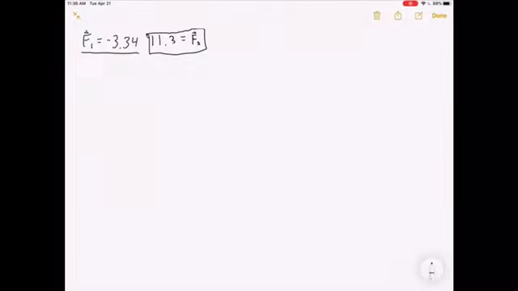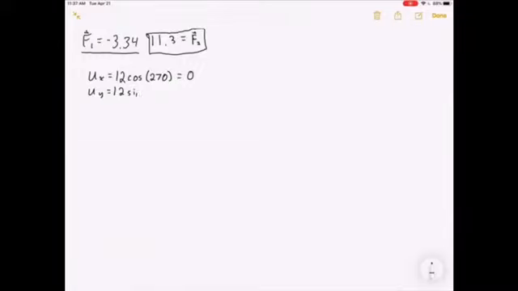So I used Ux, our original, we already had that in the first step, right there, it's equal to 0. Then we'll do Uy is equal to sine 270.